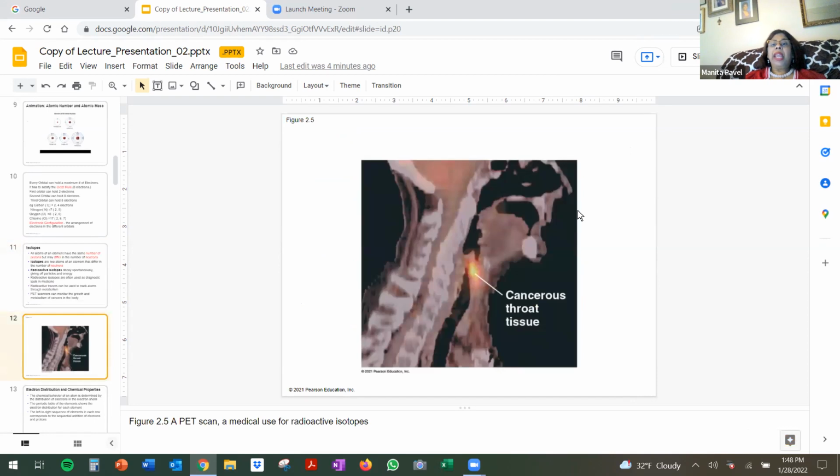And so we see here in this individual's throat, there is a tissue which is cancerous. It would not be detected or diagnosed without the aid of these radioactive isotopes or radioactive tracers that are injected into the body.